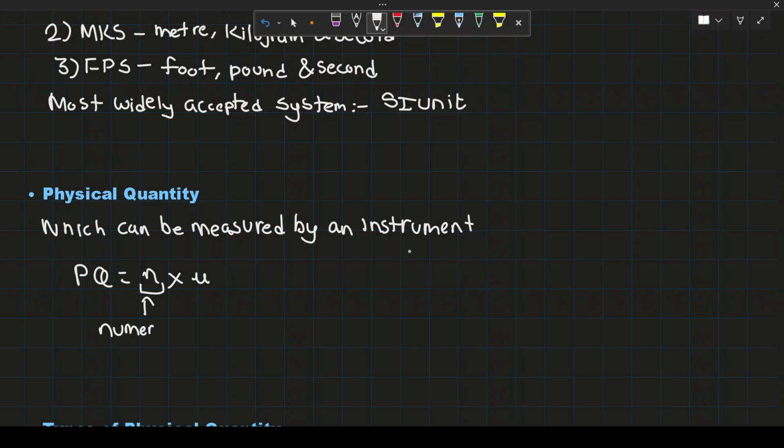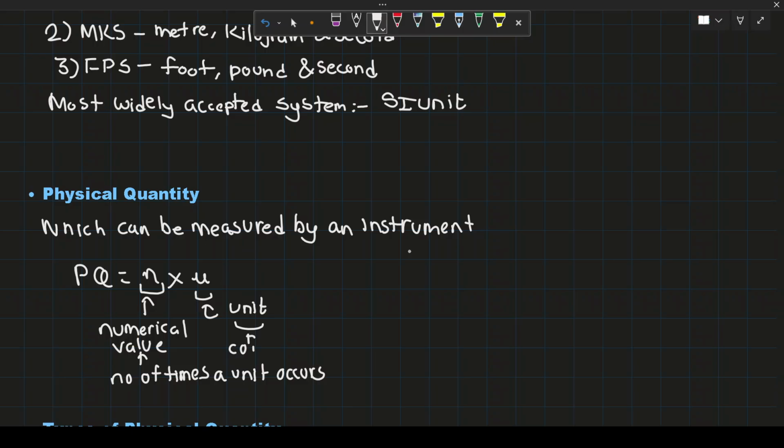Numerical value is basically the number of times a unit occurs, whereas unit is basically used as a comparison type.